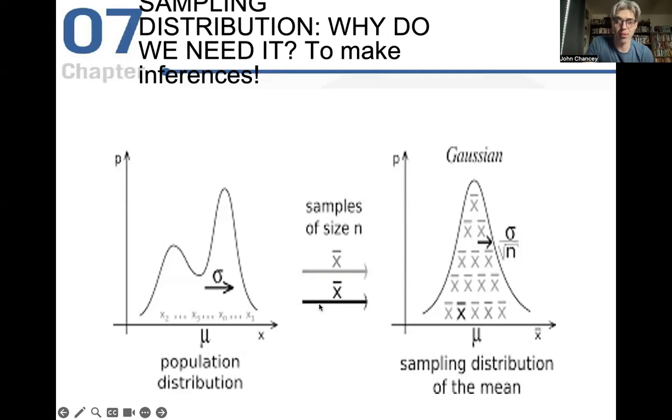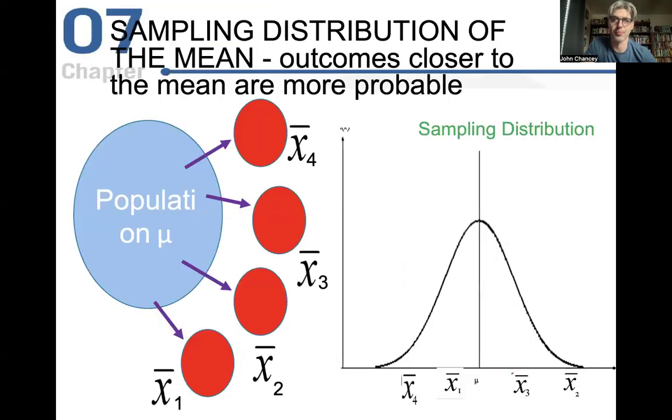We pull sample sizes from that, and then we look at those distributions of means, and hopefully they start to assume a bit of normality over time if we collect enough samples.